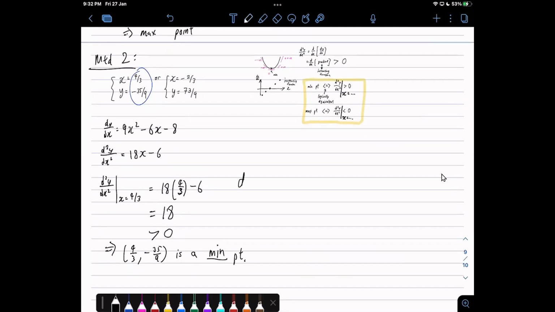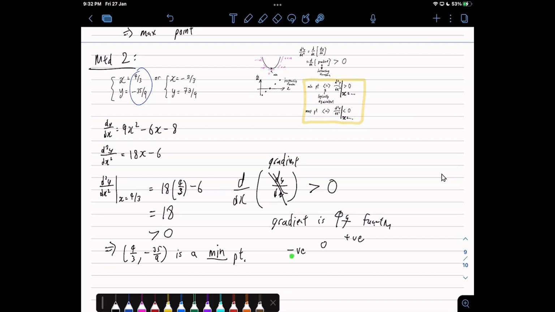More than 0 means the rate of change of the dy by dx, which is the gradient function. If it's more than 0, it means that the gradient is an increasing function. If it's an increasing function, what does it mean? Means as x increases, the gradient increases. So from negative, it will increase to 0, then increase to positive.